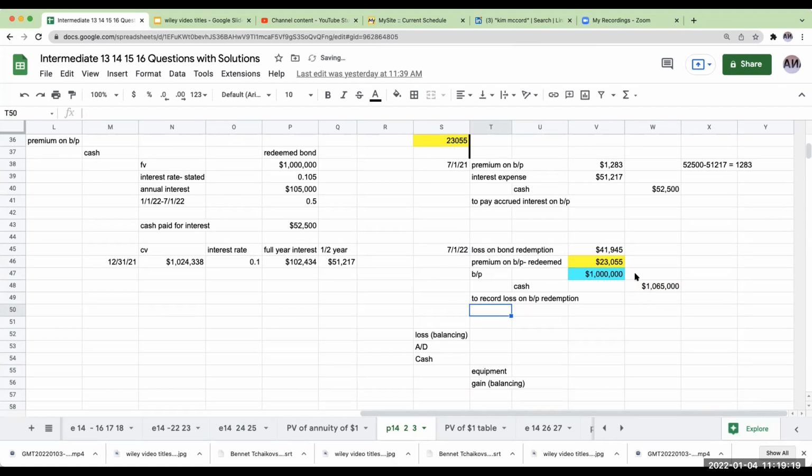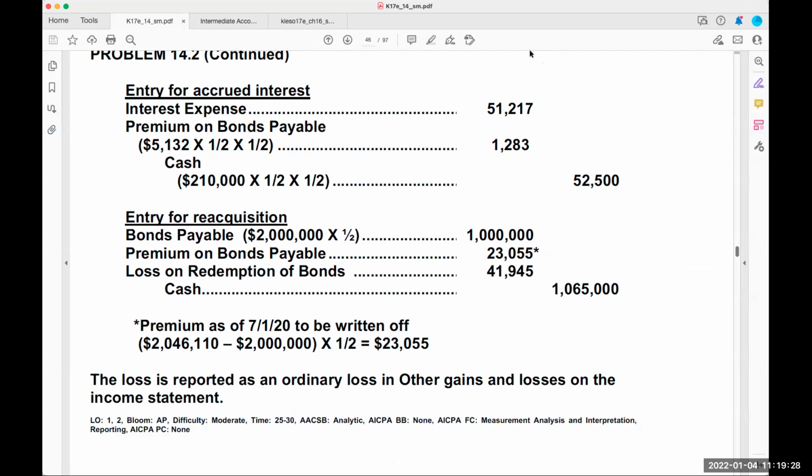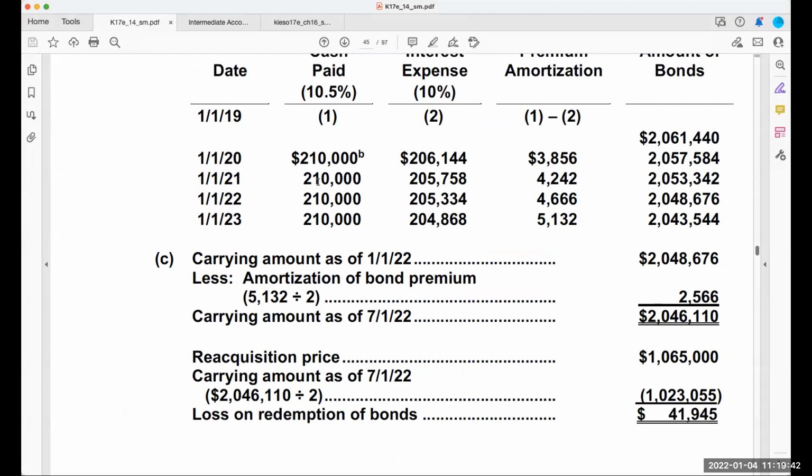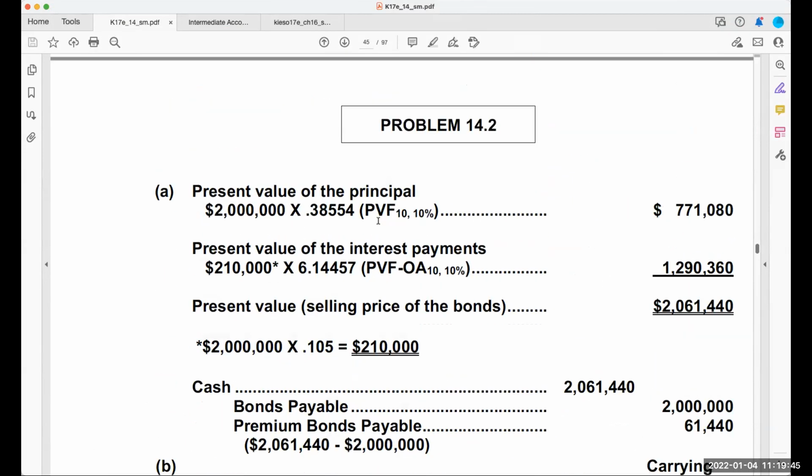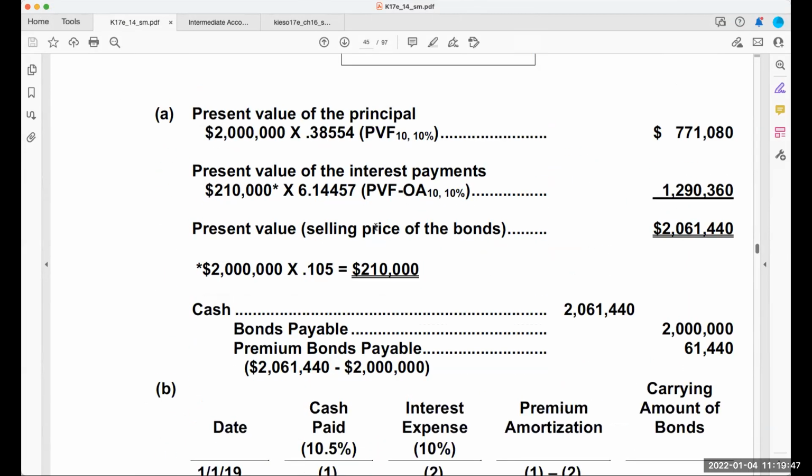So I'm just going to show you something really quick, just so you can see where this was really messing me up. Okay, so this is the solution manual for problem 14.2.